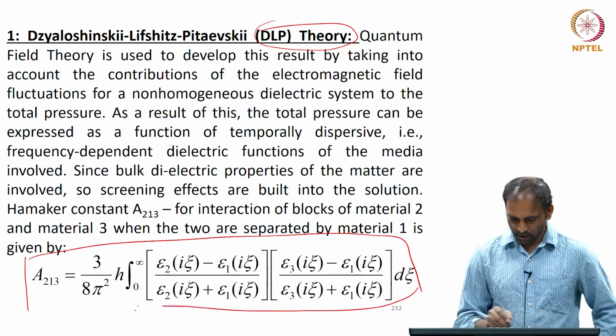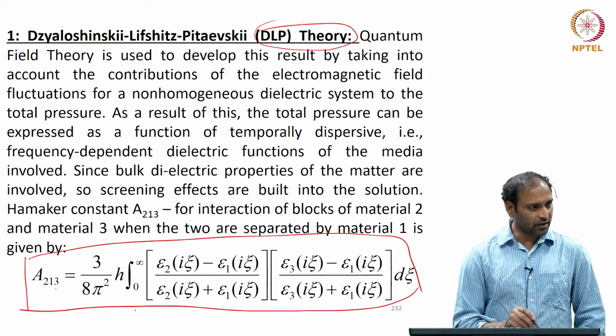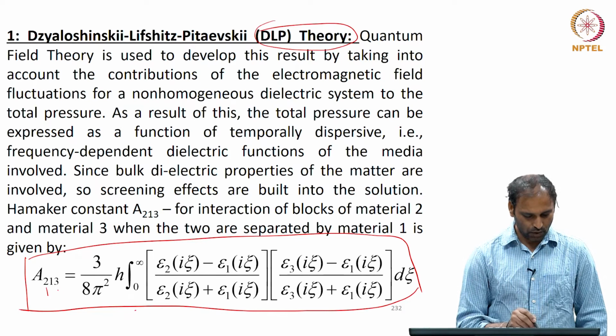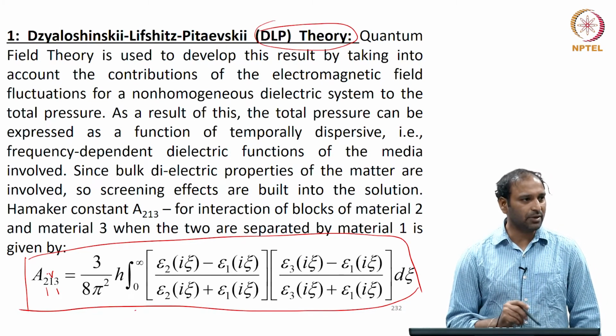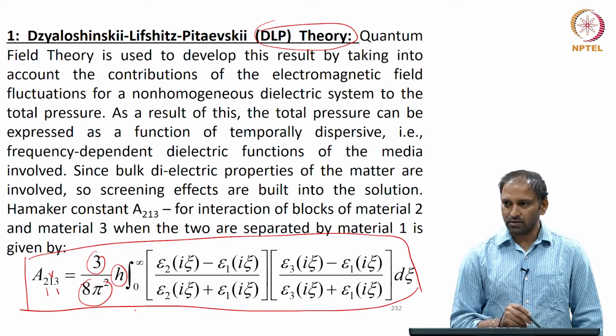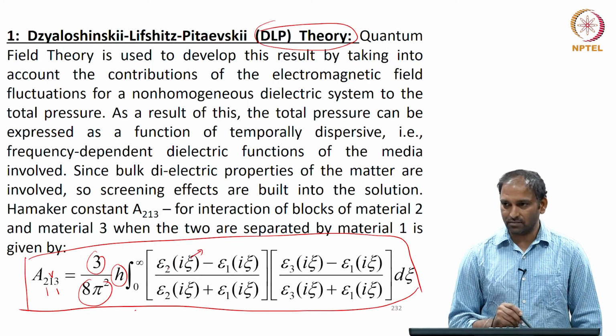So, when you say A213, that is the Hamaker constant for interaction of 2 with 3, and 1 is the medium in between them, which goes as 3 divided by 8 pi square, h is Planck's constant, integral 0 to infinity. And this is the frequency.